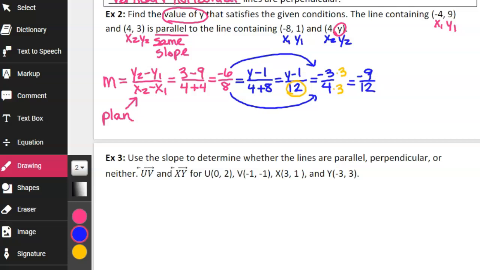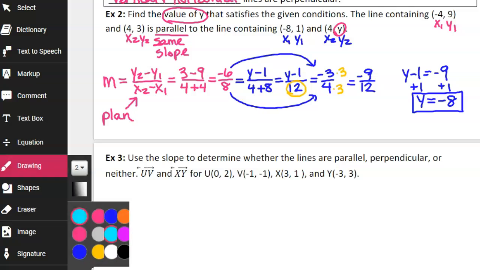My numerators should be equal, but they're y minus 1 and -9. So if I can solve for y, then I'll be able to answer my problem. y has a value of -8. That is the y value that makes the slope -3/4. So we compared the numerators once we had the same denominator. And that's how we got this equation.